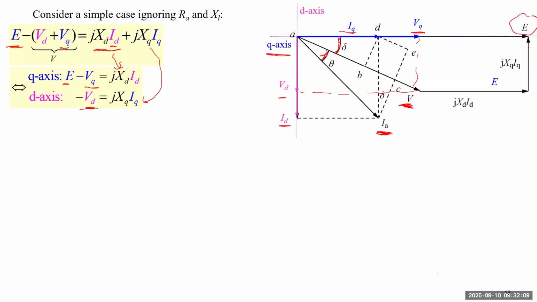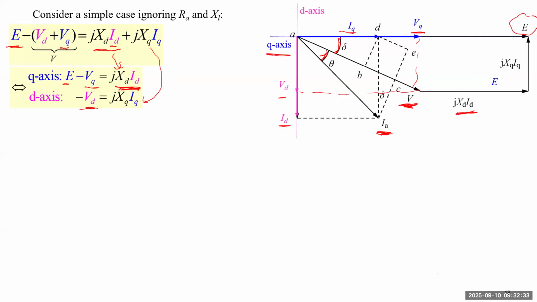All right. So first, the current will cause a voltage drop in the Q axis, which is this item. That is equal to the D axis component of current multiplied by the reactance in the D axis.